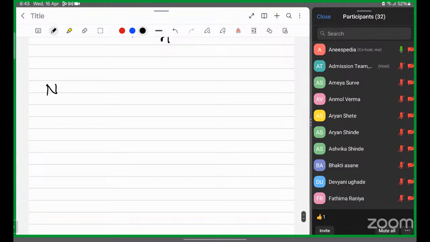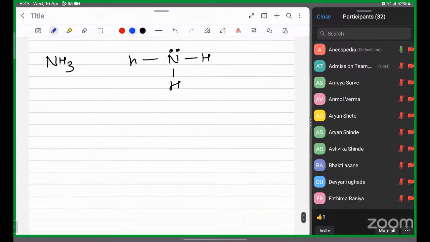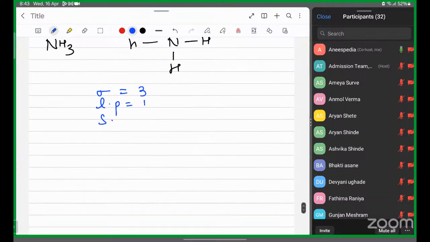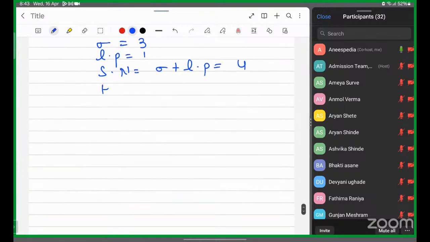Let's say we have ammonia. Ammonia is given by this: N bond H, and one lone pair. If you find out sigma bonds in this case, 3, lone pair in this case 1, so steric number will be sigma plus lone pair, that is 4. And in case of 4, hybridization is sp3. What must be geometry for sp3? For sp3, geometry will be tetrahedral.